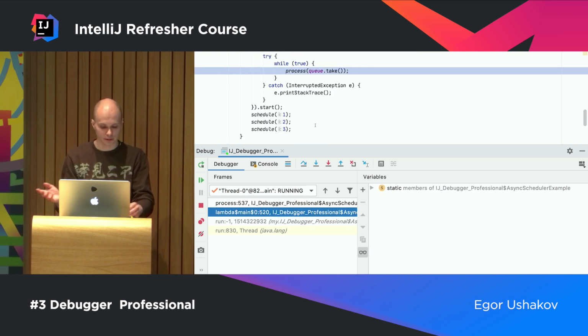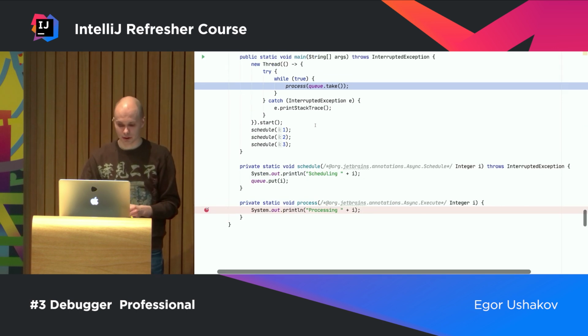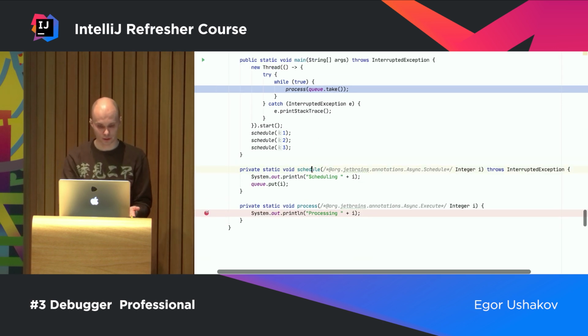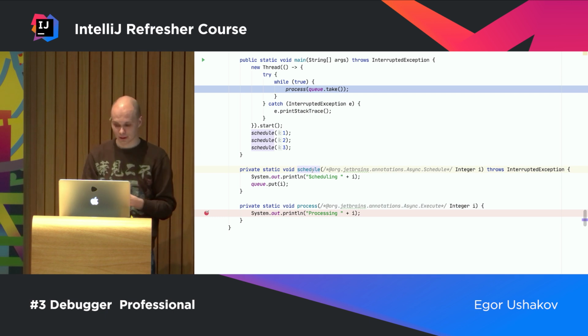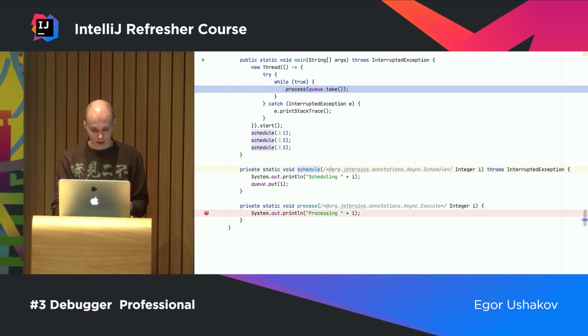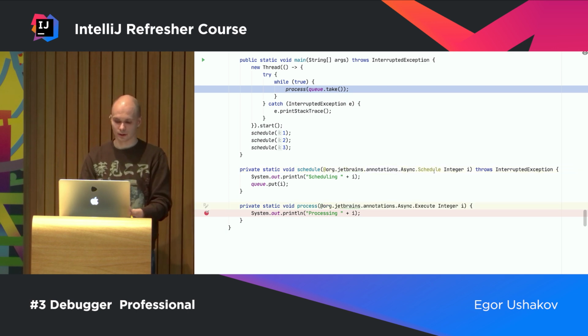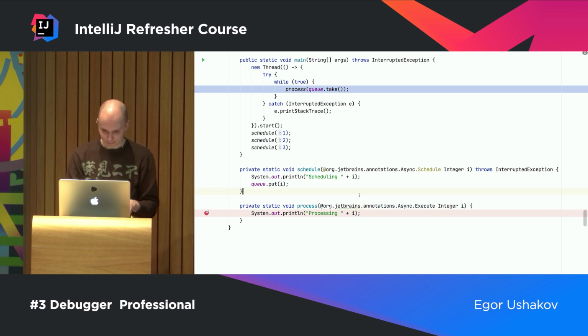We are interested in the information about where the schedule method was called for this piece of work. So we have special annotations in the JetBrains annotations package, especially for this. They are called AsyncSchedule and AsyncExecute.